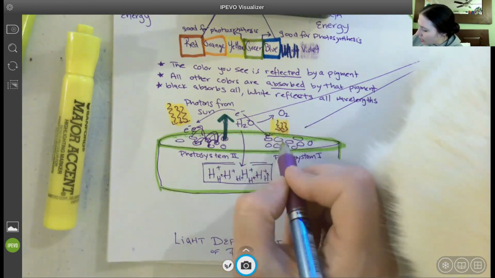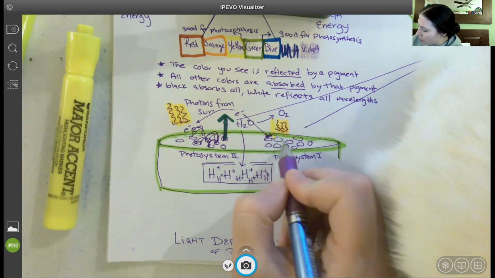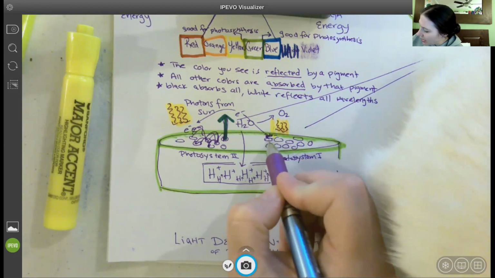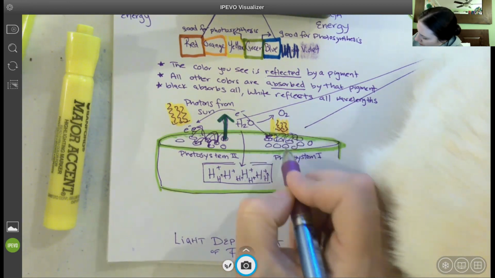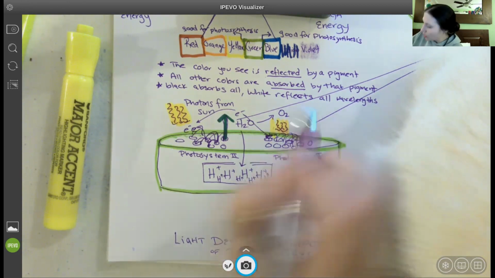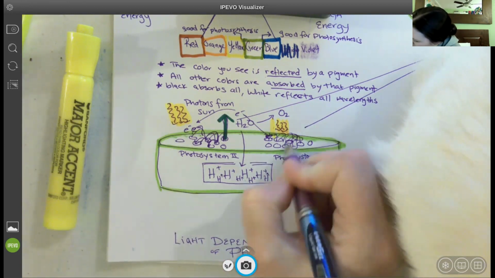So here you go. You have your electrons that are here from your photosystem 2. There's light, so they're going to bounce around. And then you're going to get to one special one. We'll put it on the end because that's most convenient.